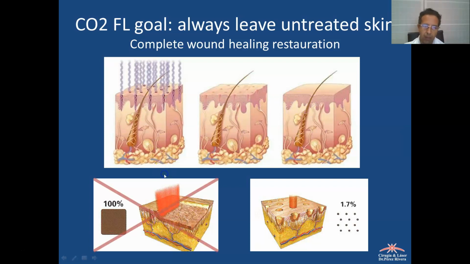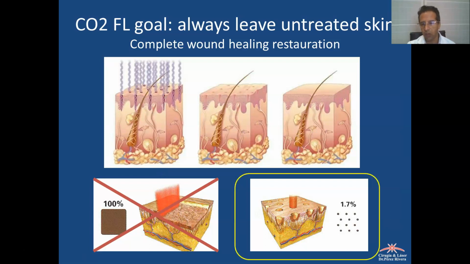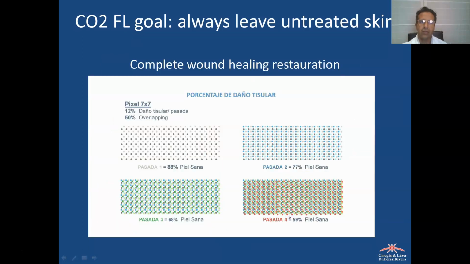Here is the past, the classical CO2 laser, in which one erases all the surface of the skin, and this one, the actual fractional CO2 laser, in which we always obtain untreated skin between each dot. This gives us the possibility to pass several times over the skin without any risk.